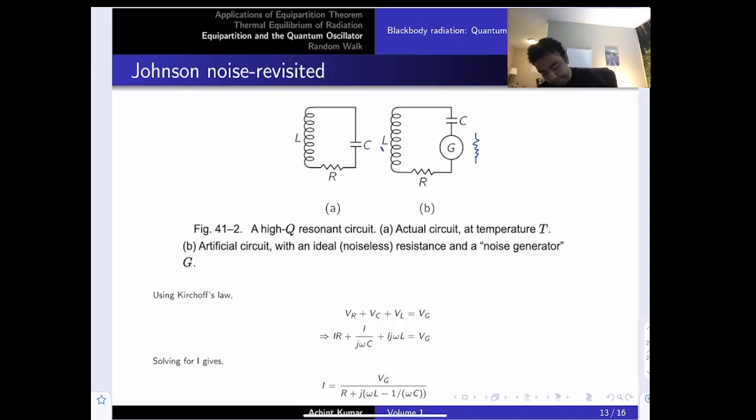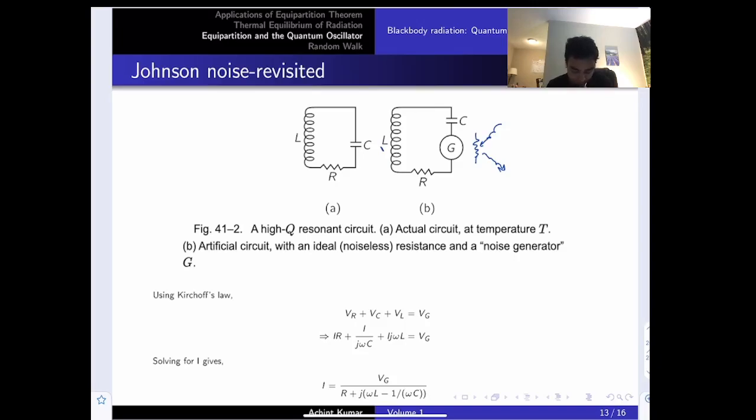As air molecules hit it, or light hits it, it starts fluctuating, and it can also radiate light out. So it can absorb light and it can also radiate light, and so it can set up a voltage across it, which leads to the voltage across the inductor, across the capacitor, across the resistor, as we had seen earlier.